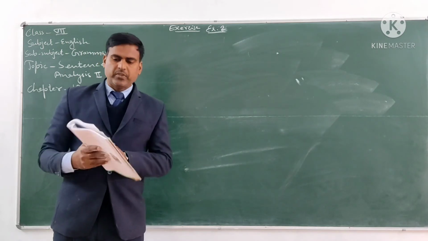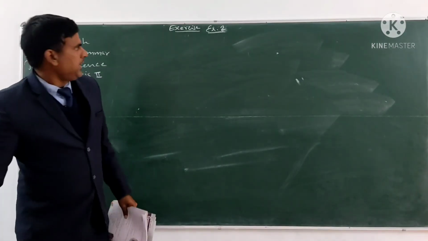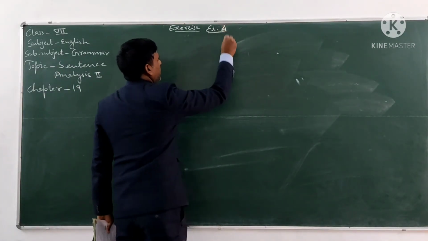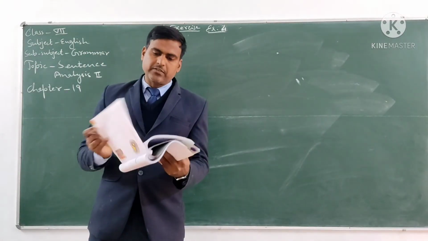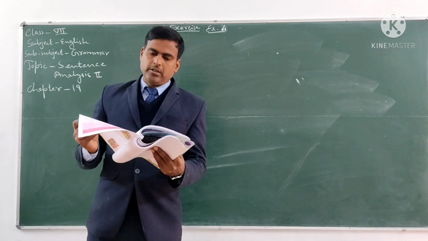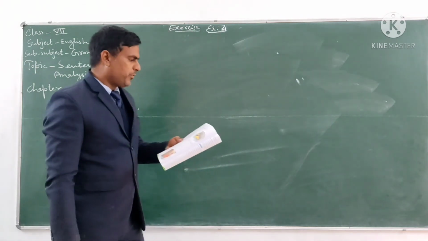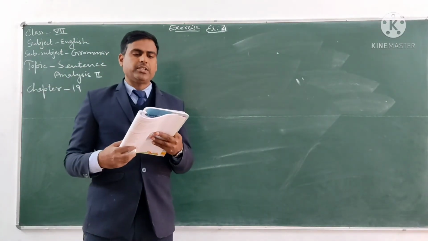Now let us see exercise number 4. I will do exercise number 3 in the next class, because if I do it in this class, the class will be long. Exercise number 4 is, underline the enlargements of the subject in the following sentences.